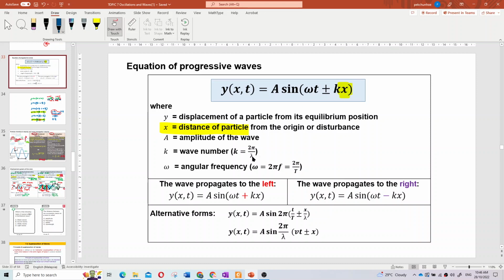Once you know lambda, you can find k. Once you know the period, you can find omega. And you also must know the amplitude. If we know these three things, A, omega, and k, we can build the equation for the progressive wave.